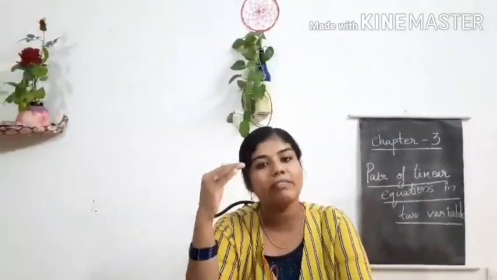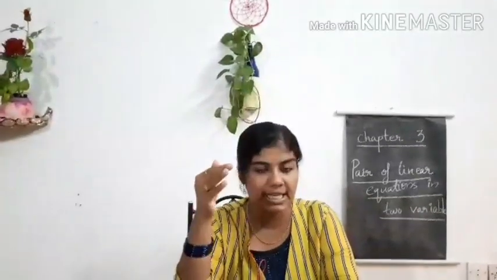So the first duty is to make both equations have the same coefficient for either variable. Then after that we can add or subtract. What will happen if we add or subtract? Either x or y will be cancelled.